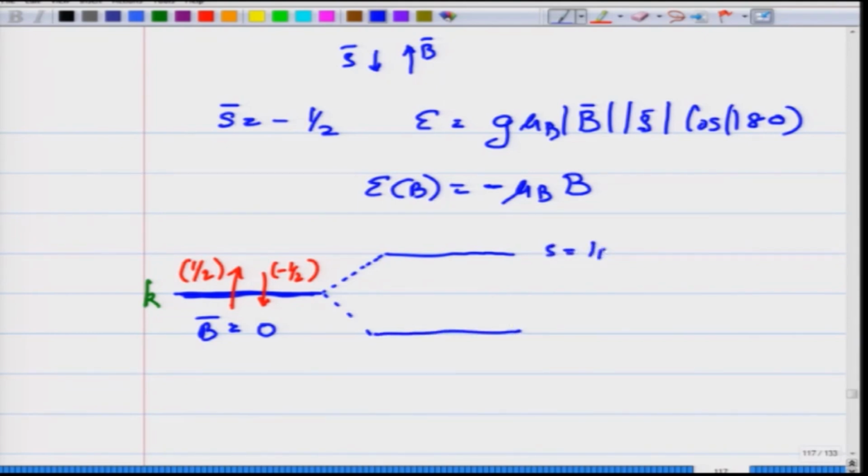The spin half particle goes into the higher energy state, and the spin s equal to minus half goes into the lower energy state.